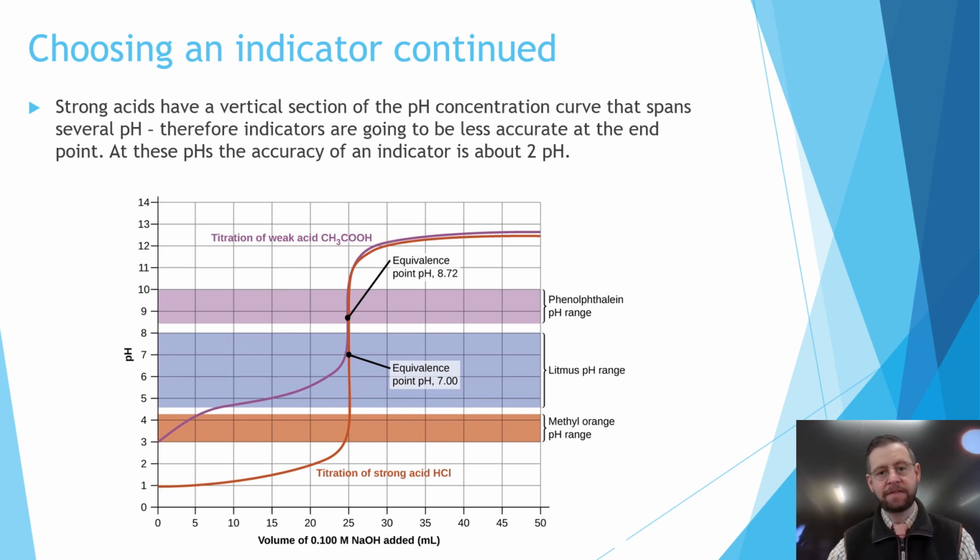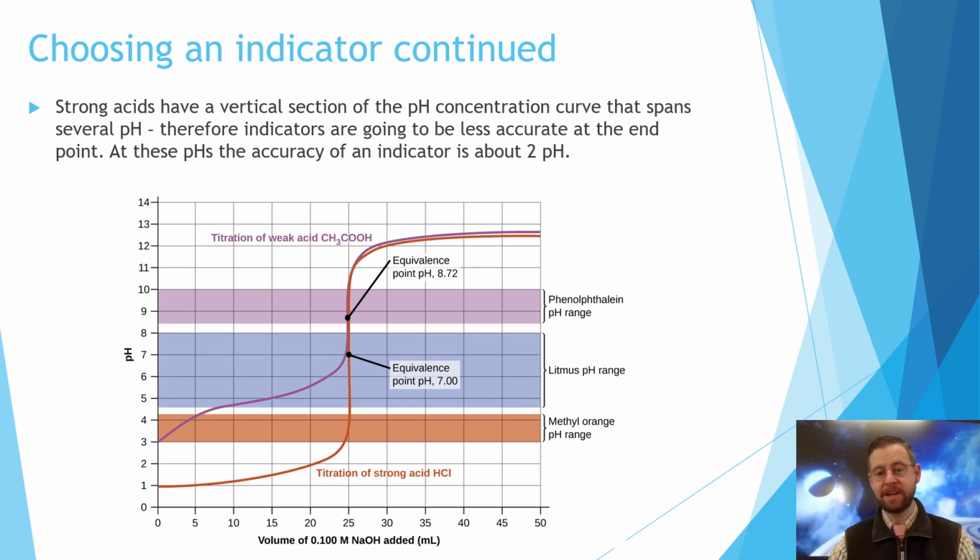So again, just to find the indicator to use, if we first look at the red line, the one at the bottom, the titration of the strong acid HCl, what we can see is it has its equivalence point at about 7, where the strong acid and the strong base have perfectly cancelled out at the midpoint of the pH scale, in the middle of the sensitivity of the litmus paper.